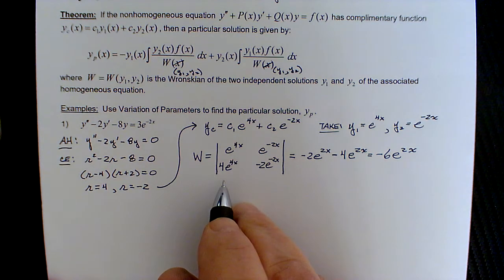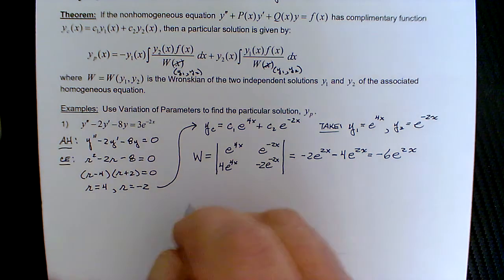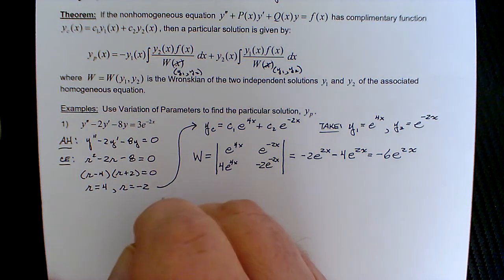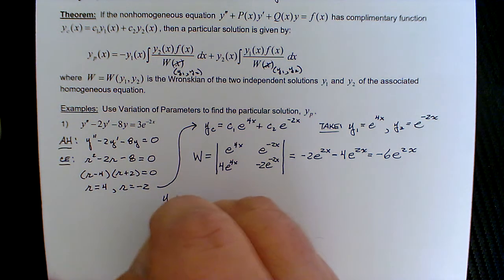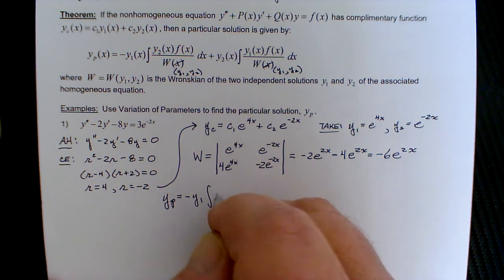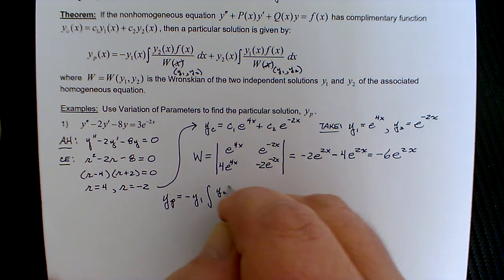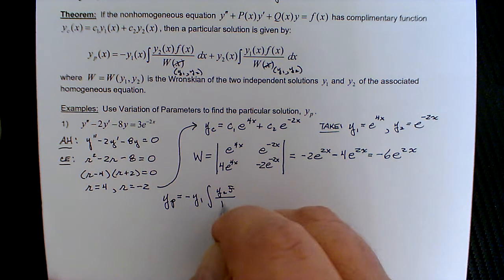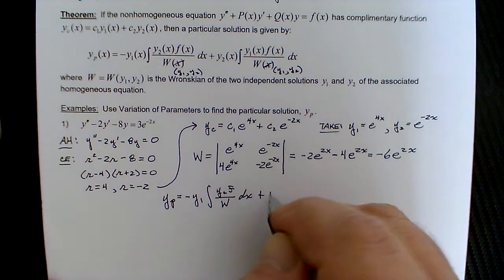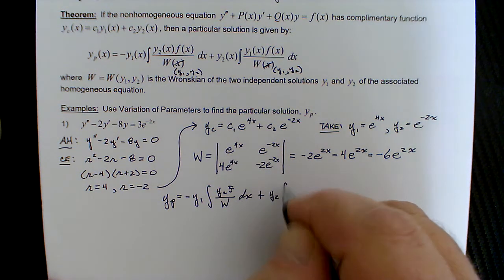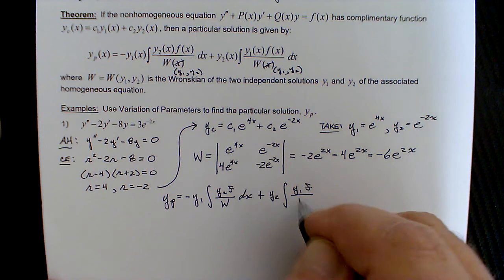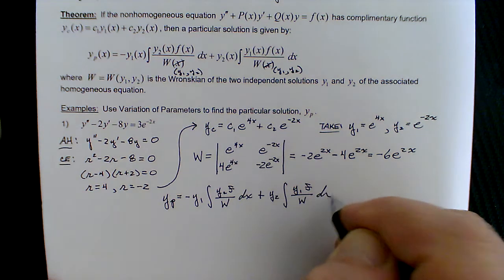And now our particular solution. If you want to write out the formula for the particular solution, y sub p is negative y1 integral y2 f over w with respect to x, and then plus y2 integral y1 f over w with respect to x.